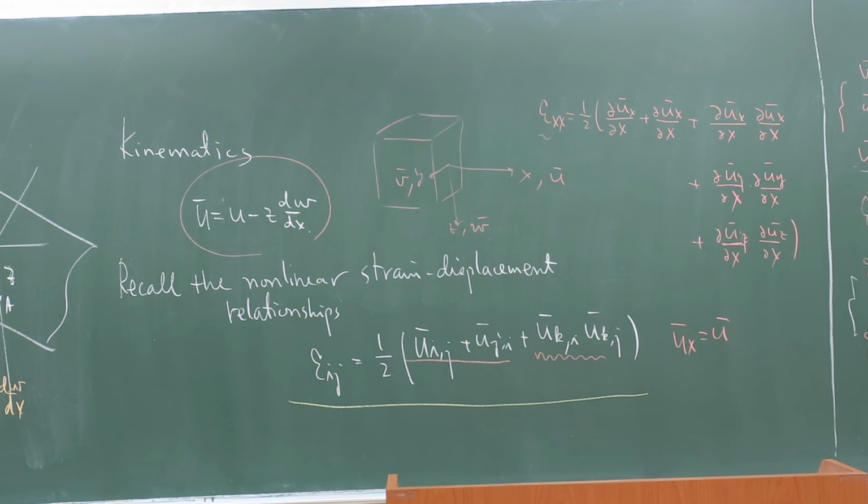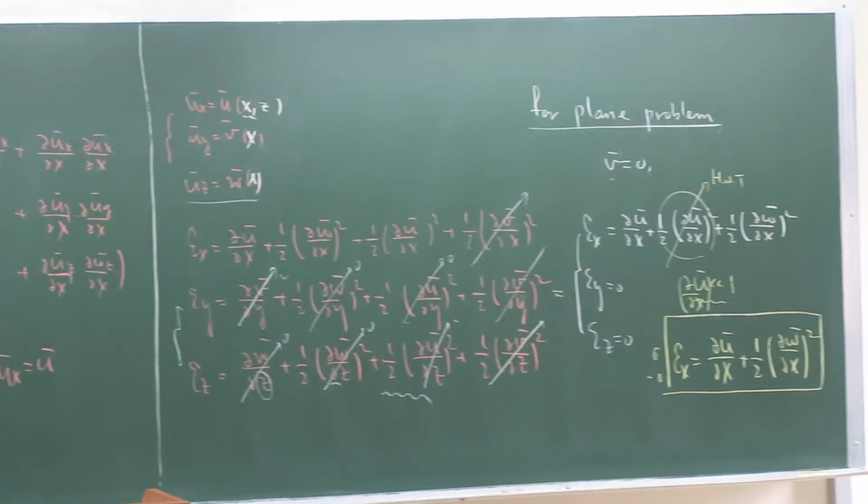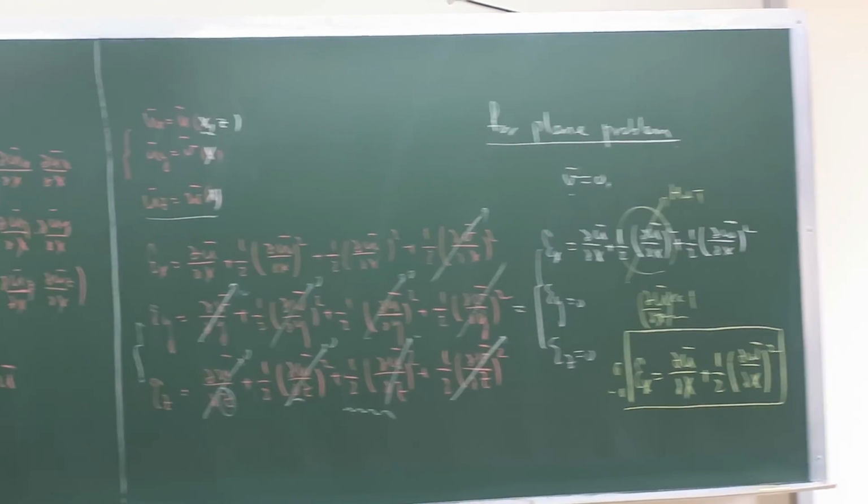Okay, yeah, bending. Yeah, for z positive, it will be the tension strain. If z is negative on the upper side, that will be compression strain. Okay. All right.